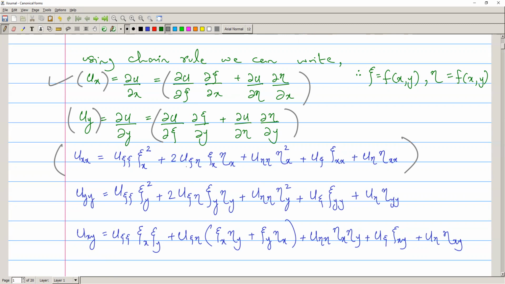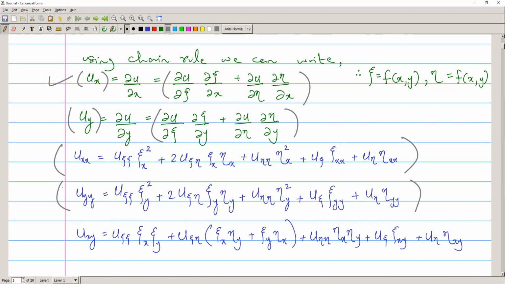That means that first we have differentiated with respect to psi and then with respect to eta, right? And then psi x again means the partial derivative of psi with respect to x, times eta x, plus u eta eta times eta x squared, plus u psi times psi double x, plus u eta times eta double x. So you need to remember this equation for future use, right?